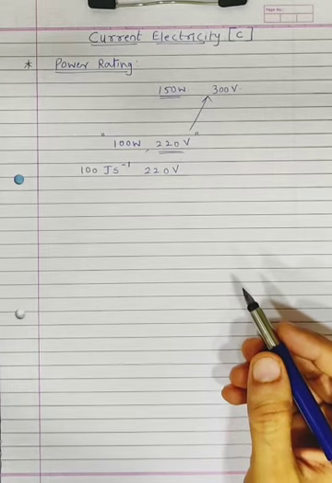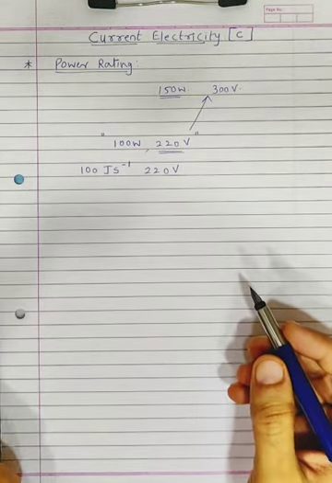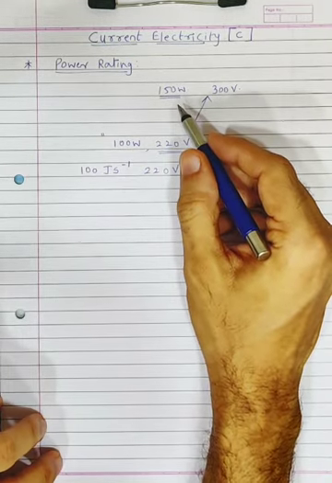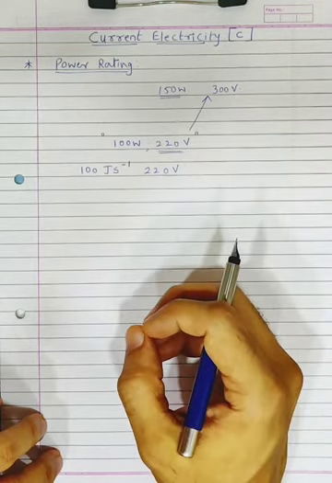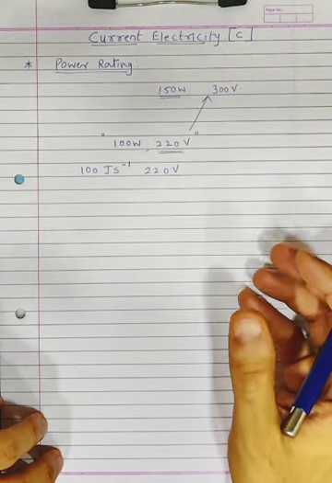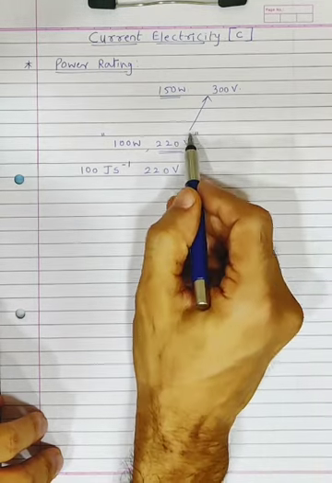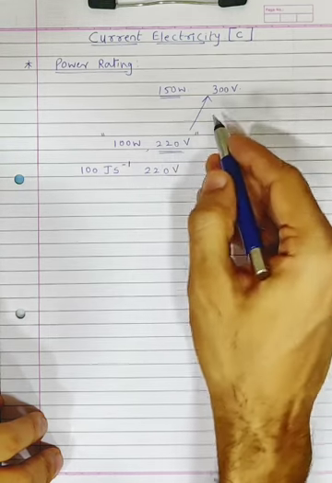Say it is giving a power of 150 watts. So a bulb which was designed to consume 100 joule every second will now try to consume 150 joule every second. Because you are giving more energy than its capacity, there are chances that the filament of the bulb might melt.